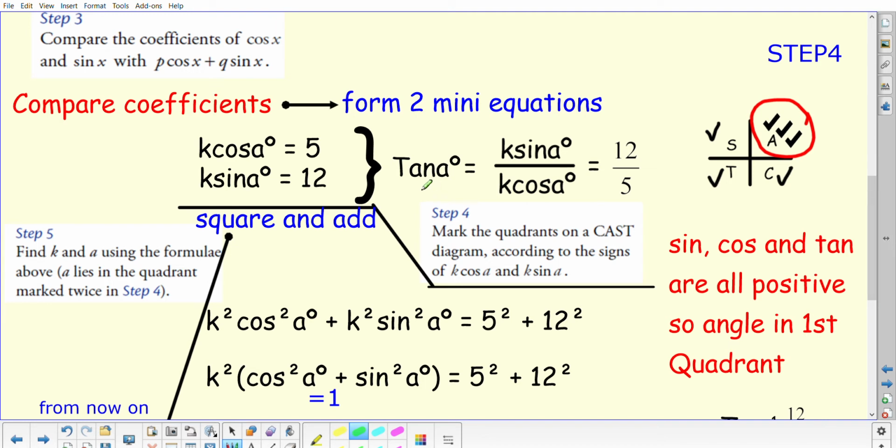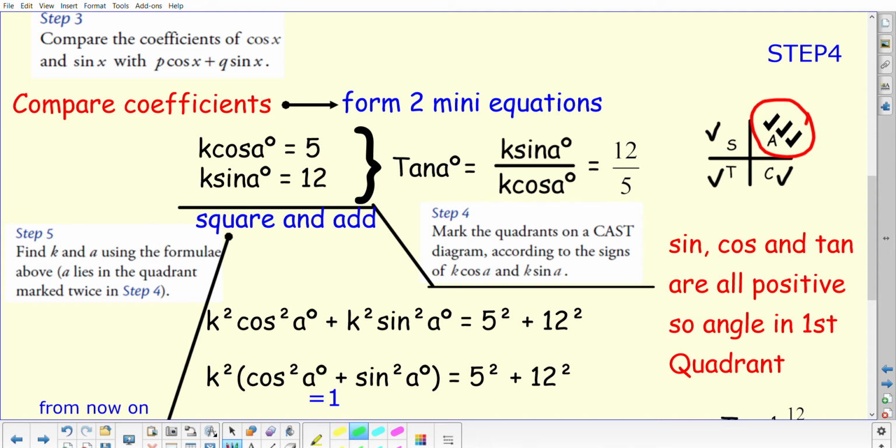Okay, right, so for working out the angle, you need to be using your identity that says sine over cos. So you put the sine of the angle over the cos of the angle. Now we've still got the k there, but technically the k's will cancel each other out. So actually if I write these two numbers over each other, I'm just writing sine over cos, and sine over cos is actually equal to tan.